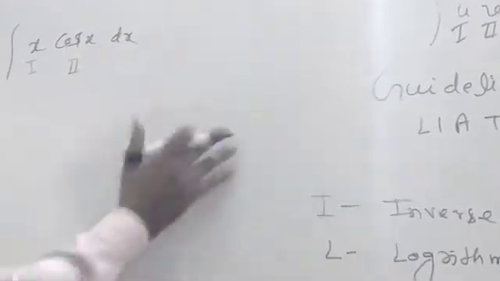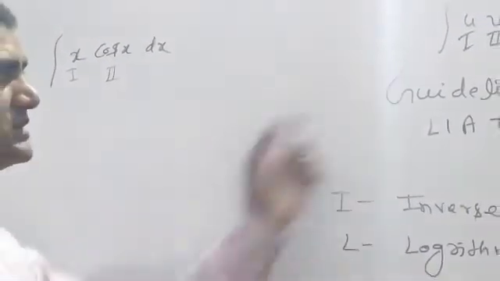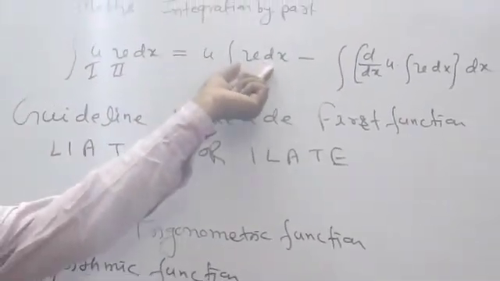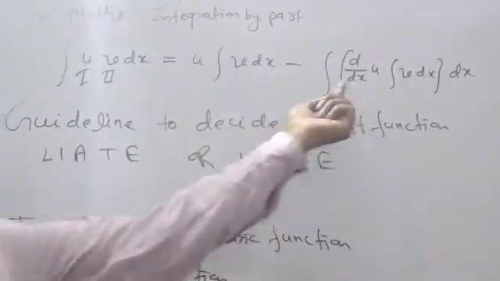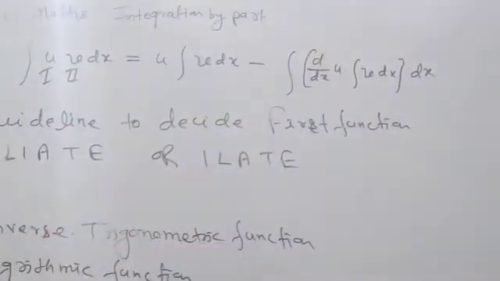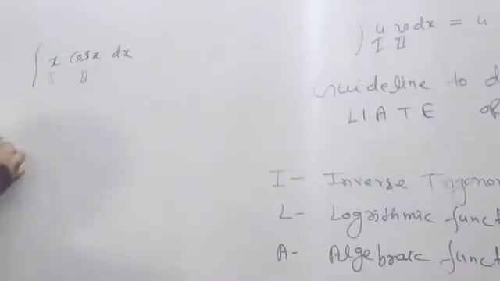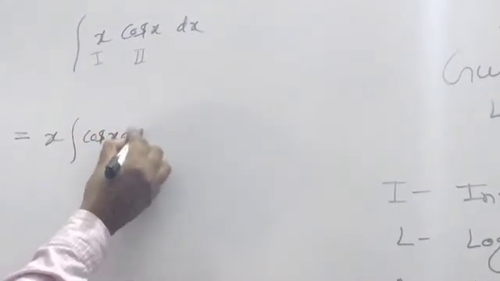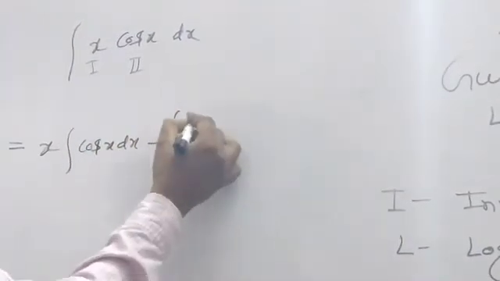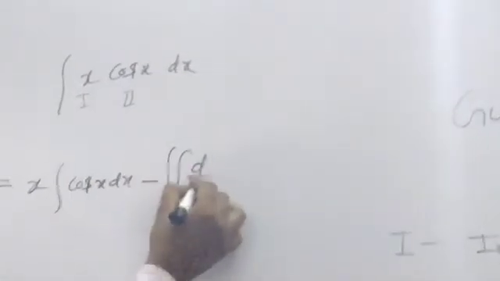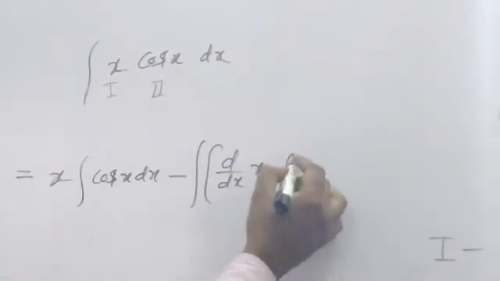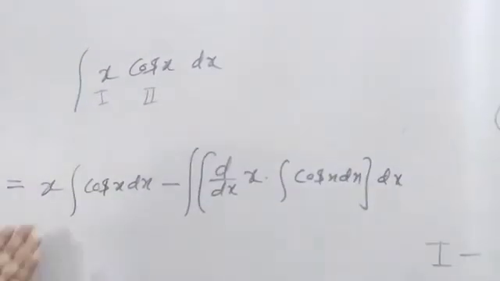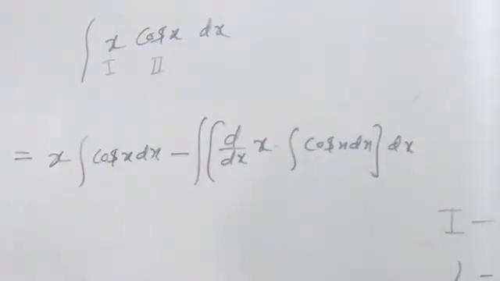Now we have to put it in the formula: u into v is equal to what? Leaving u, integration of v, minus whole integration of differentiation of u into integration of v. Then it is equal to x integration of cos x dx minus the whole integration of d by dx of x into integration of cos x dx. Very simple, I have only put it in the formula.